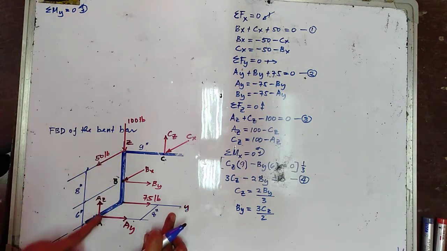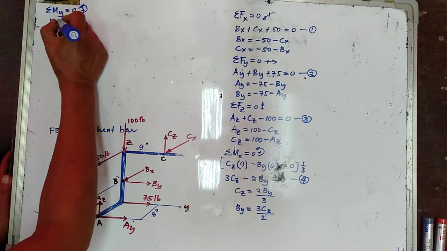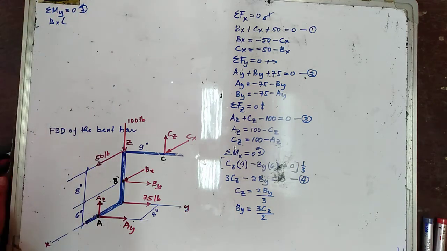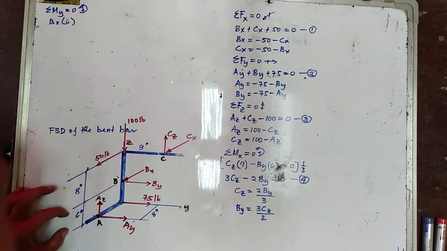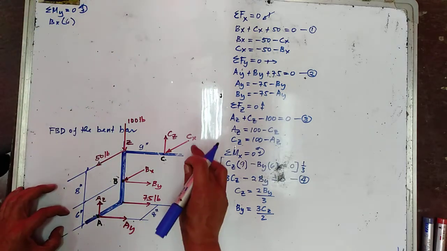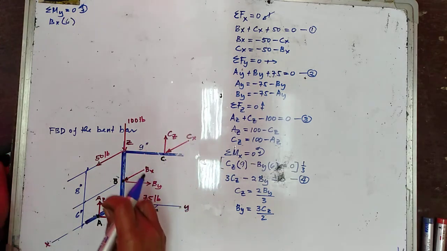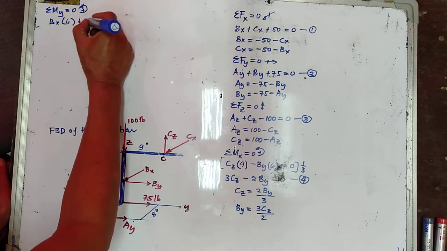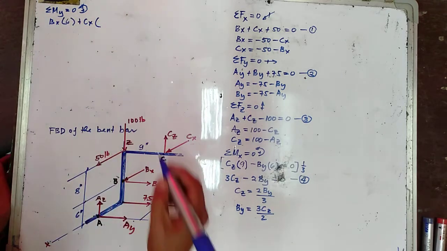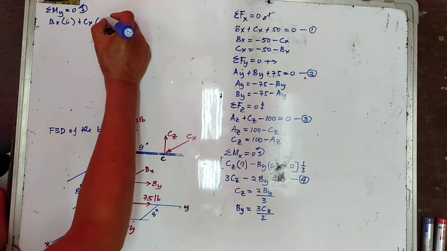So BX is going counterclockwise. So BX, and the moment arm is 6 inches. So another one is CX. So your CX is going counterclockwise. So that is plus CX, multiply this one by 8 plus 6. That is equal to 14.